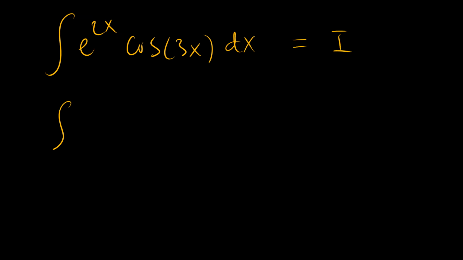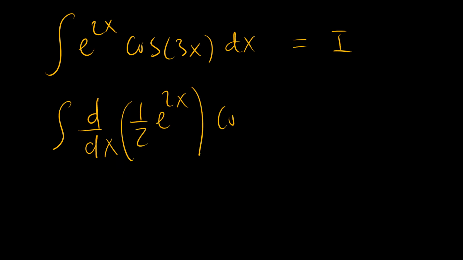Since these functions are kind of cyclical, I could choose whatever I want to begin with, but let me choose to use e to the power 2x and express this as the derivative of a half e to the power 2x times cosine 3x, right?